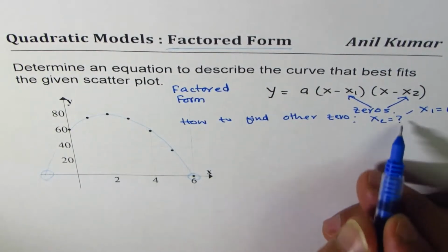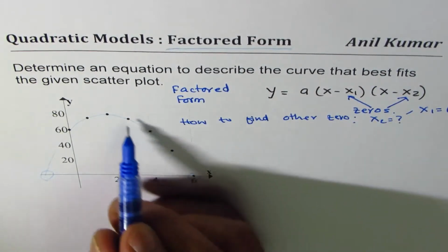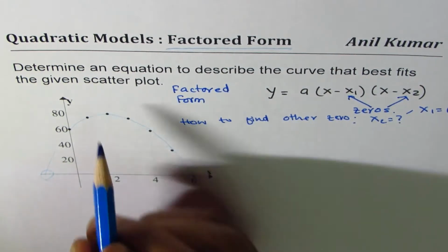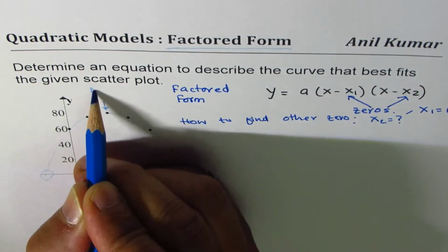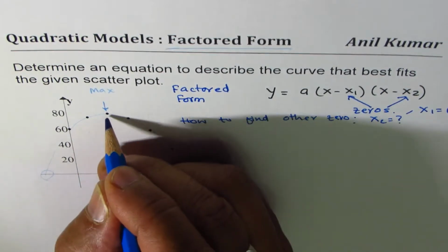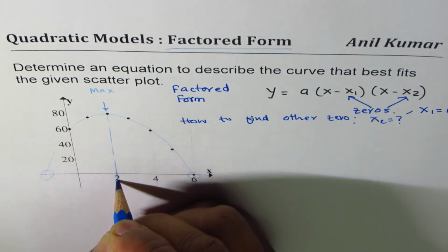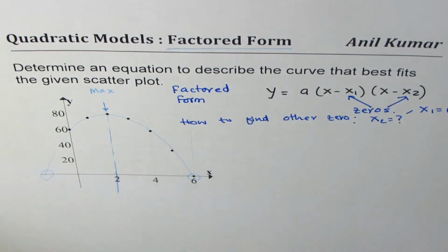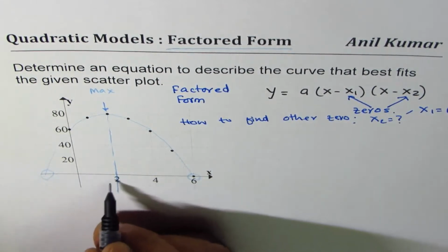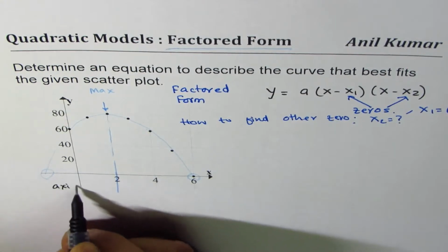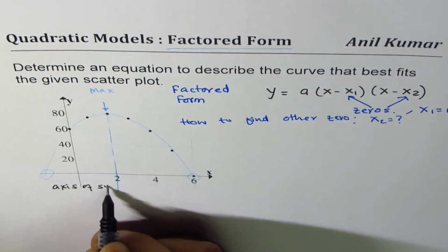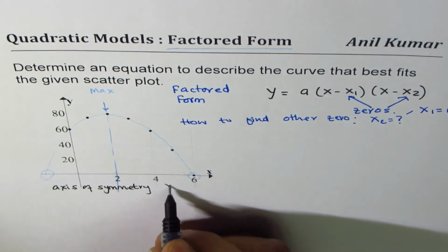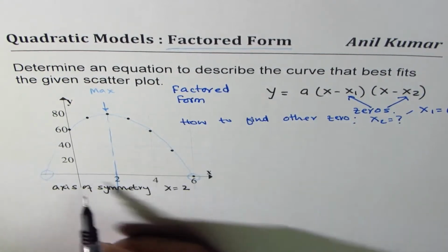Now to get the solution for this, if you look carefully, we do find a maximum here. So this represents a maximum. Now this maximum is at 2. So from here, we can say the axis of symmetry is at x equals 2.